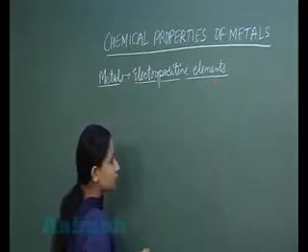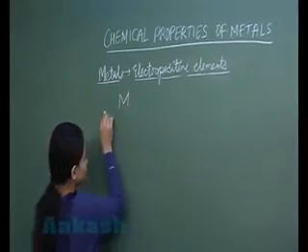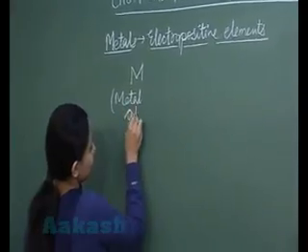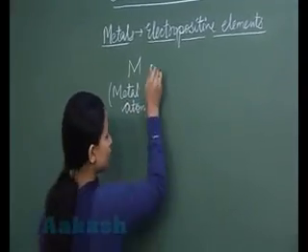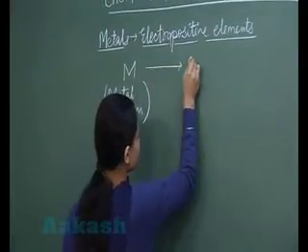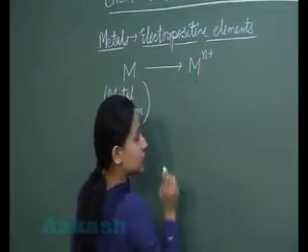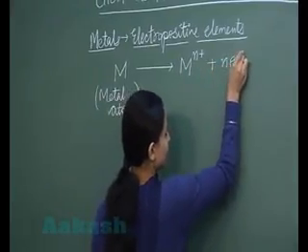Now students, let us see what actually happens. Suppose this is a metal atom. And the metal atom has a tendency to easily lose the electron. So when it loses the electron, we get a positively charged ion plus n number of electrons are lost.